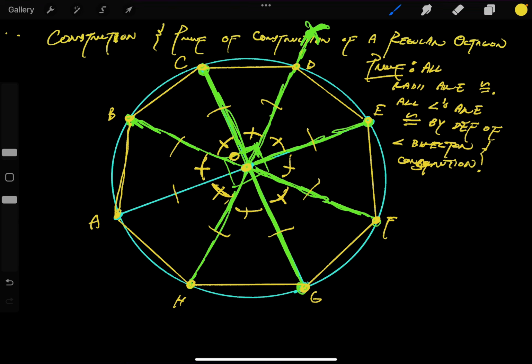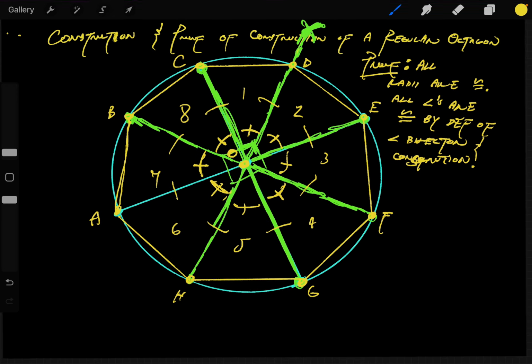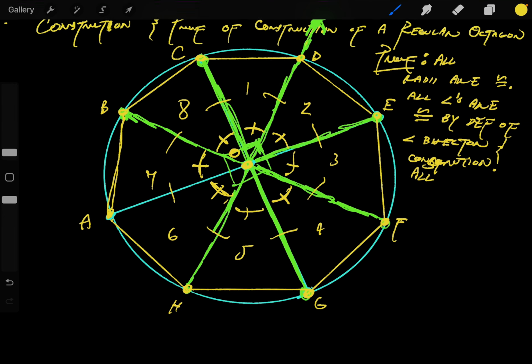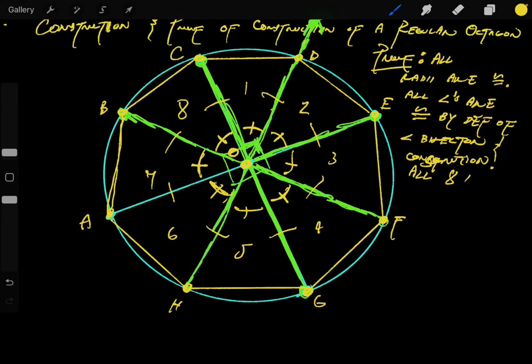All these angles are congruent because they're all 45, and by side angle side, all the triangles are congruent. So all 8 triangles, 1, 2, 3, 4, 5, 6, 7, 8, are congruent.